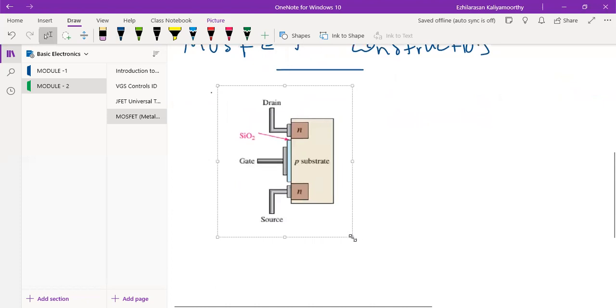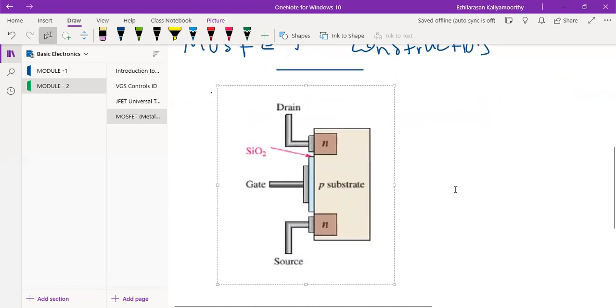This is the construction I'm showing for MOSFET, but you may think it is the same as your JFET. It's not, it's not the same as JFET. So now let me do something.